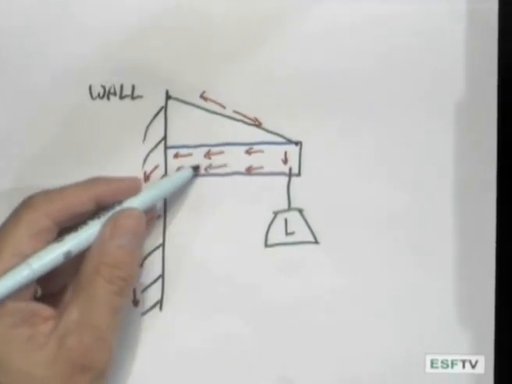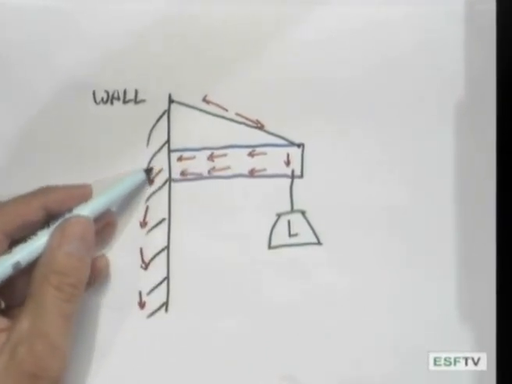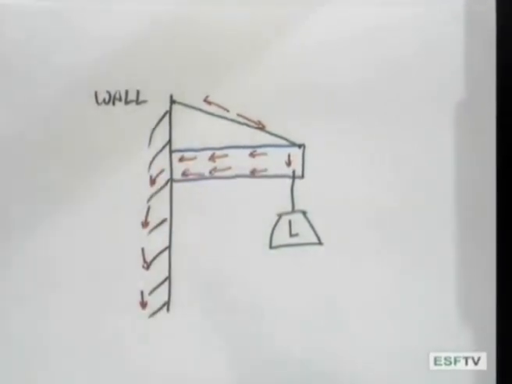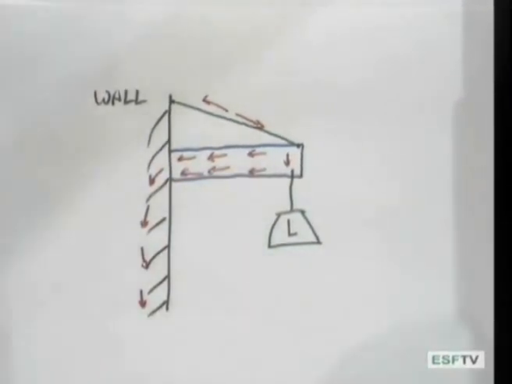But of course, keep in mind that the compression is pressing against the wall, and if the wall isn't strong enough, this will actually push its way through the wall. Not a good thing. So one thing you can do is balance that load by an equal load on the other side, and that gives you the operation of a cantilever bridge.